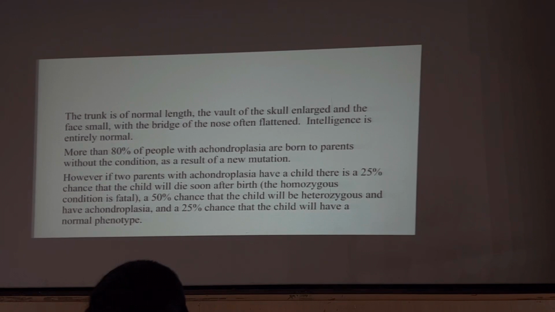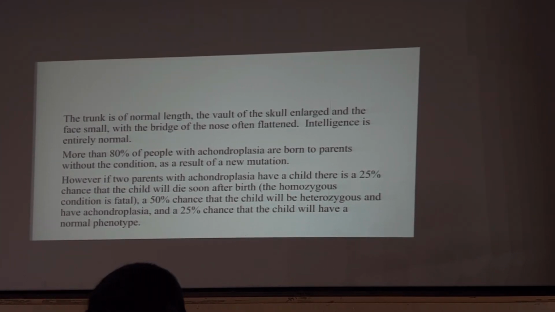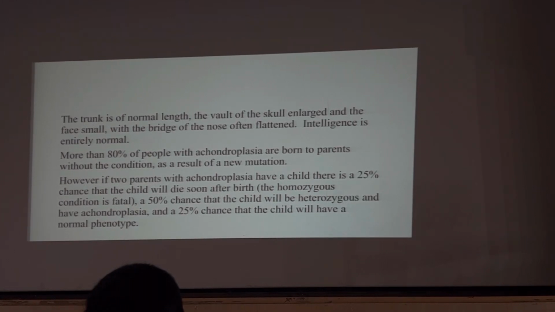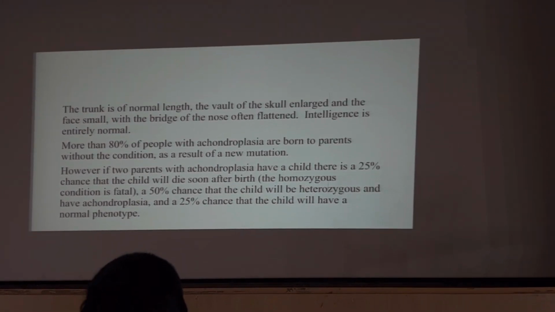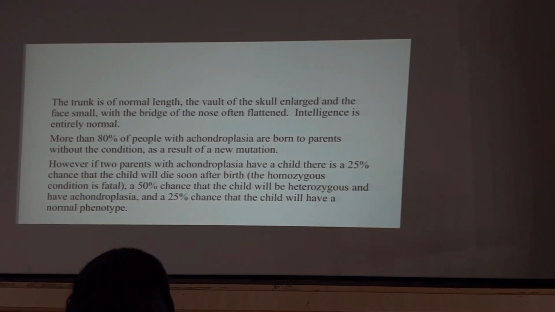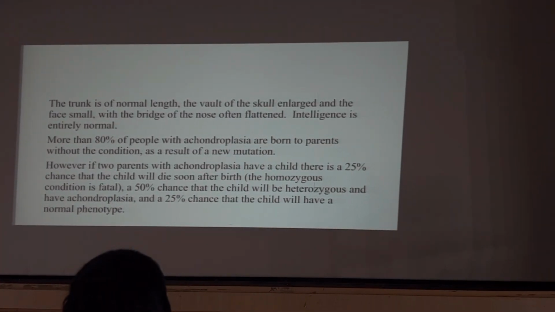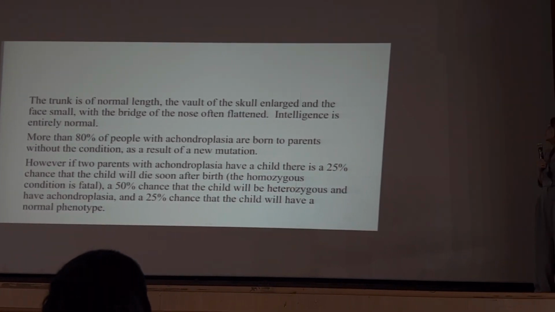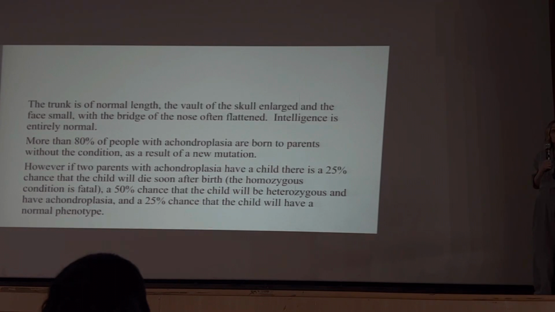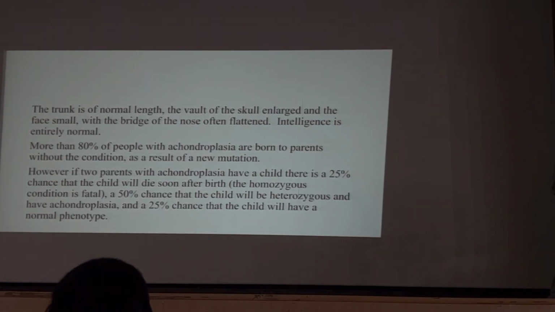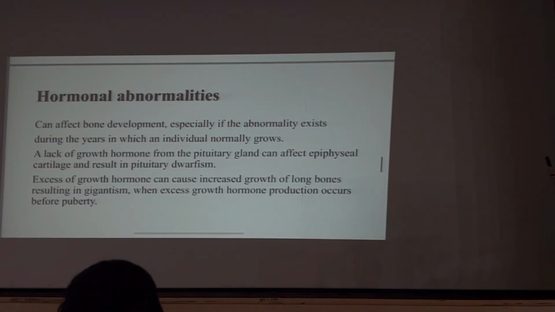However, if both parents have achondroplasia, there is a 25% chance the child will die because of homozygous, an extremely severe condition, a 50% chance of heterozygous achondroplasia, and a 25% chance of a normal phenotype, following Mendelian inheritance.